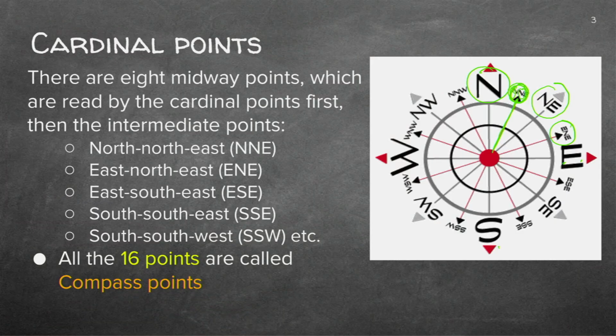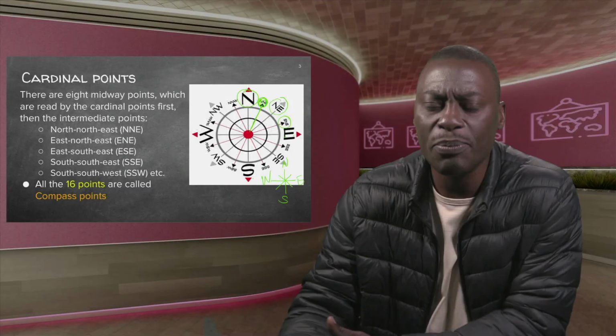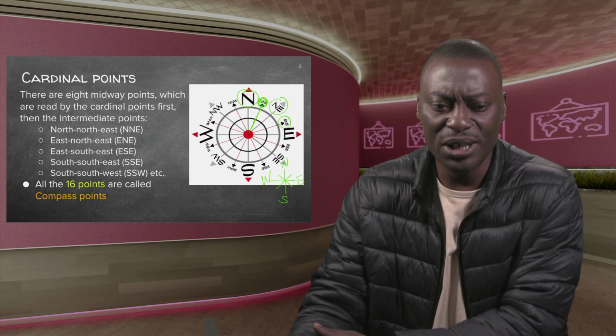I hope this makes sense to you. It should be easy to come up with these points of direction. If you are in an exam situation or wherever you need to know direction, just put down your cardinal points and you will be able to determine your midway points and your intermediate points.